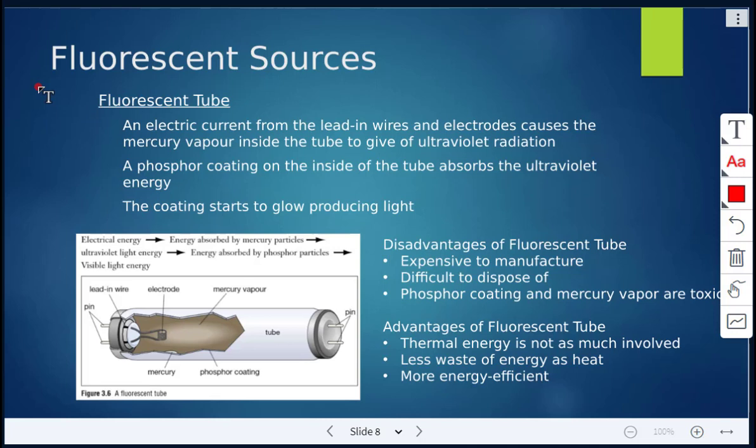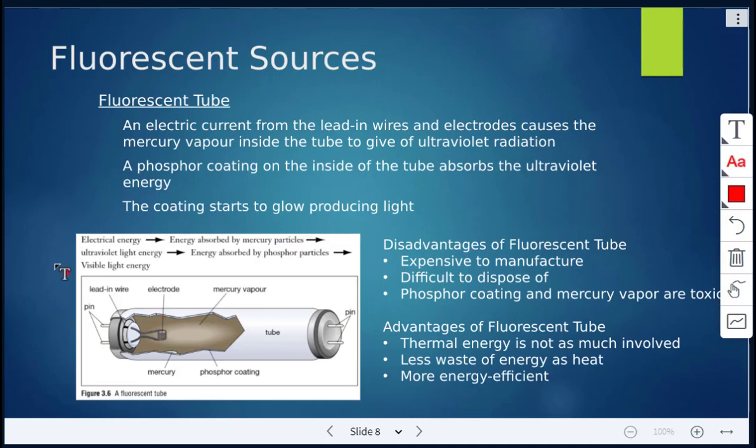All right, so we have a fluorescent tube here. An electric current from the lead wires and electrodes causes the mercury vapor inside the tube to give off UV radiation. If we look at this diagram of a fluorescent tube, we have electrical energy being absorbed by the mercury particles, shown here.